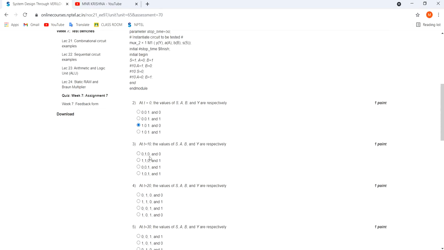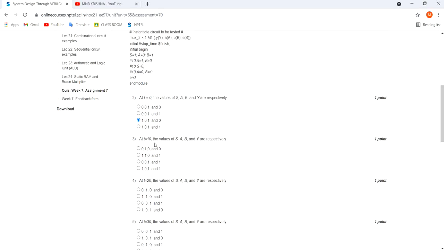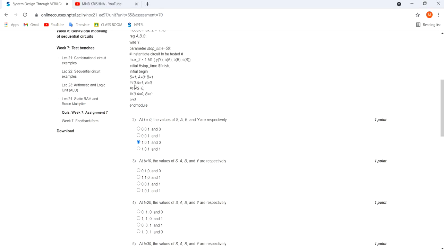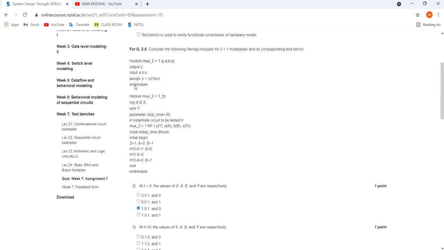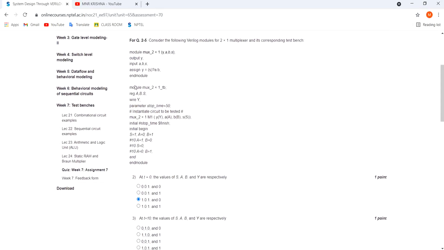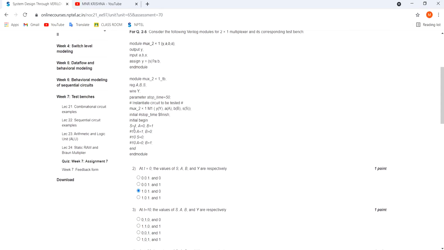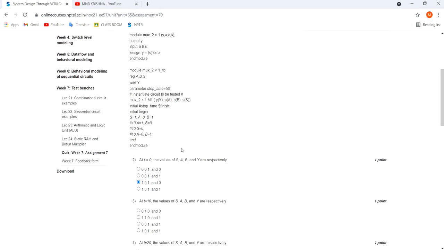And for the third question, at a time t equals 0, the values of s, a, b and y are respectively. For t equals 10, after 10 nanoseconds, sorry, here it is not defined that t is in nanoseconds, so we take 10 to mean 10 seconds generally.